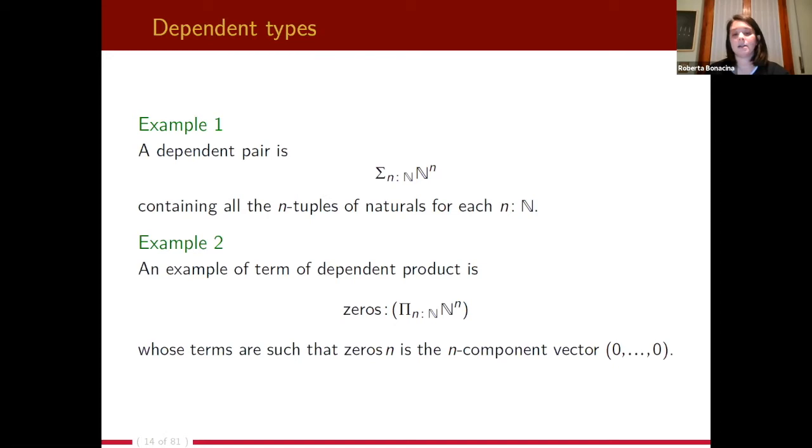And as an example of a term of a dependent product, we have this zeros term, which is such that zeros applied to a natural number n is the vector of zeros of length n. So those are two examples of the types.